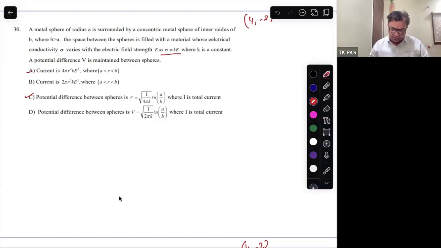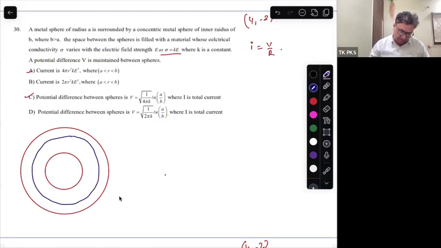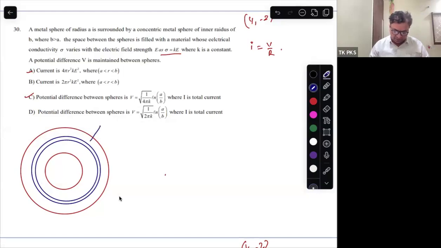Normally I would have written V by R. Now, you take an elemental portion in this, whose radius is r, thickness dr. What is going to be the resistance of this portion?